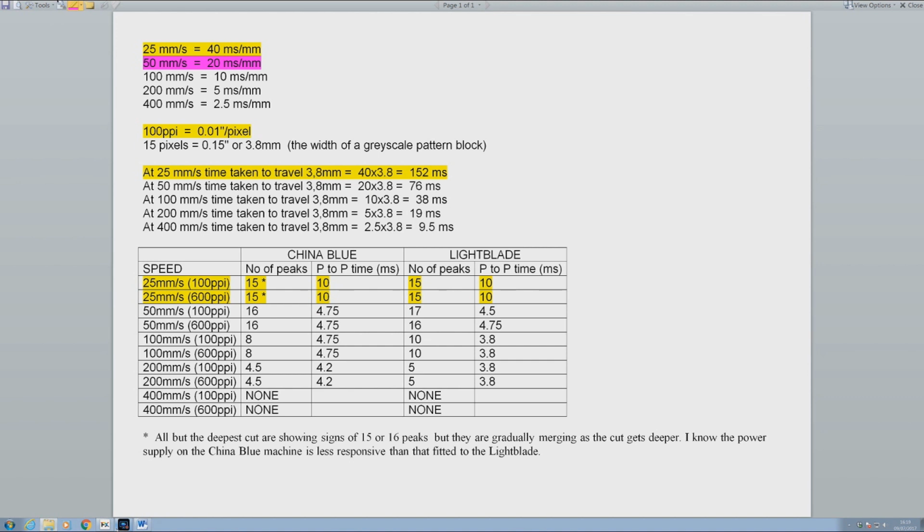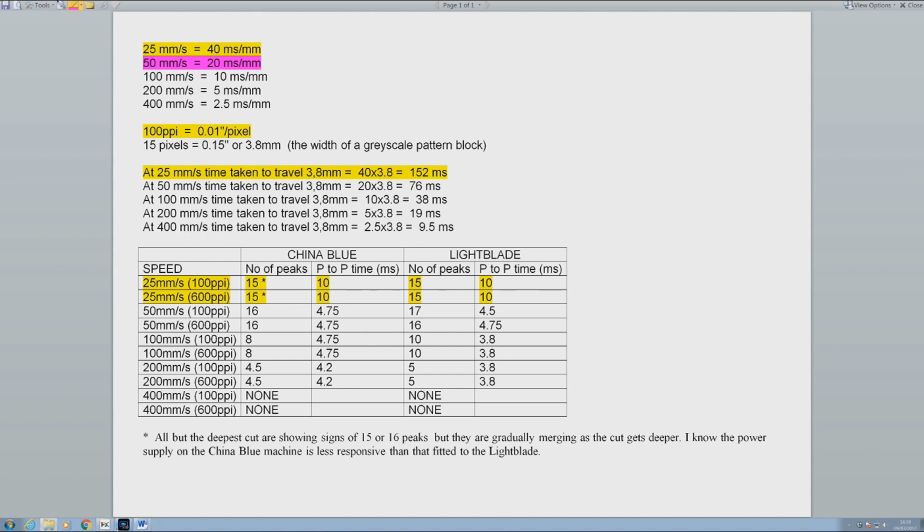So my point really is that when we get to something like 100 millimeters a second and we start doing 100 pixels per inch, the machine is just not capable of achieving that speed. So it does an averaging over a number of pixels.